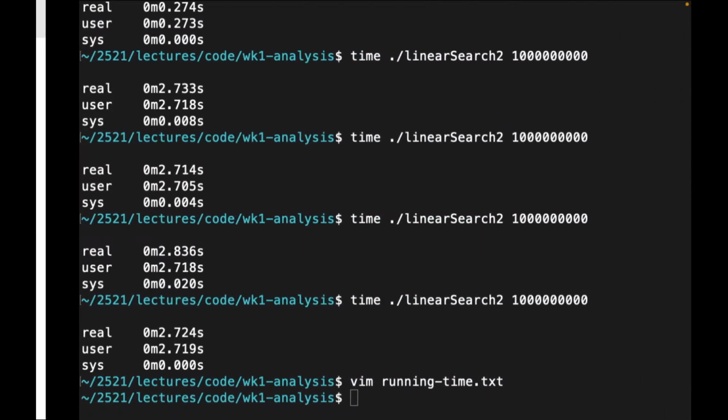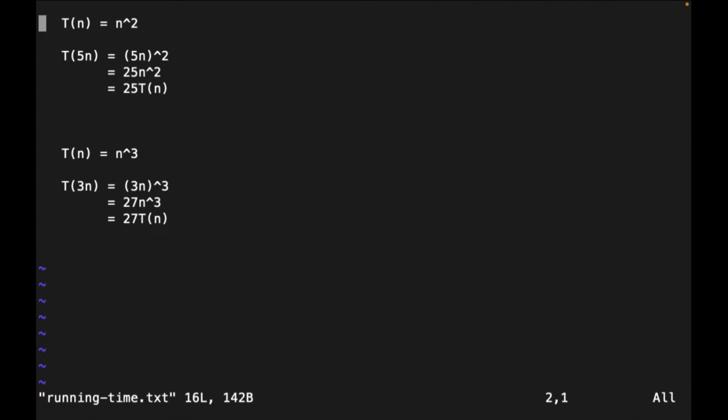So let's go through an example. Suppose you analyze a program and the number of primitive operations you've come up with is something like 6n squared. Actually, let's spice it up a little bit: 6n log n plus 5n plus 2.